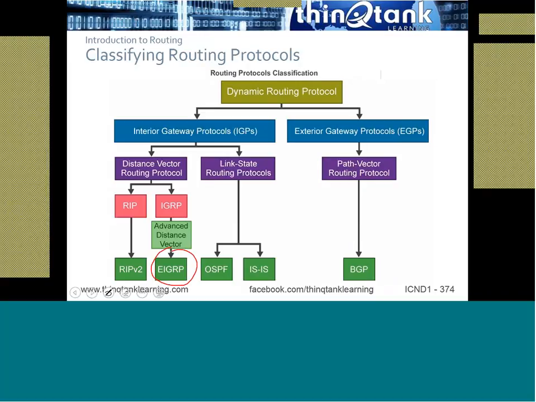But EIGRP gets the wild card vote, because it has enhancements, which is why it's called an advanced distance vector protocol. It has enhancements that allow it to act very much like a link state protocol.